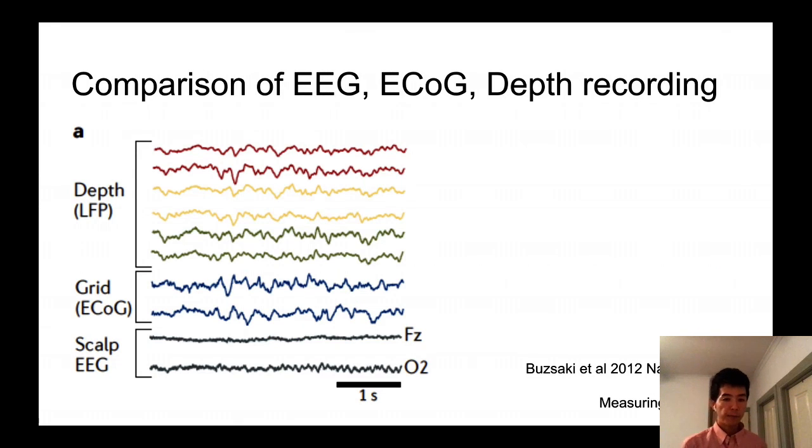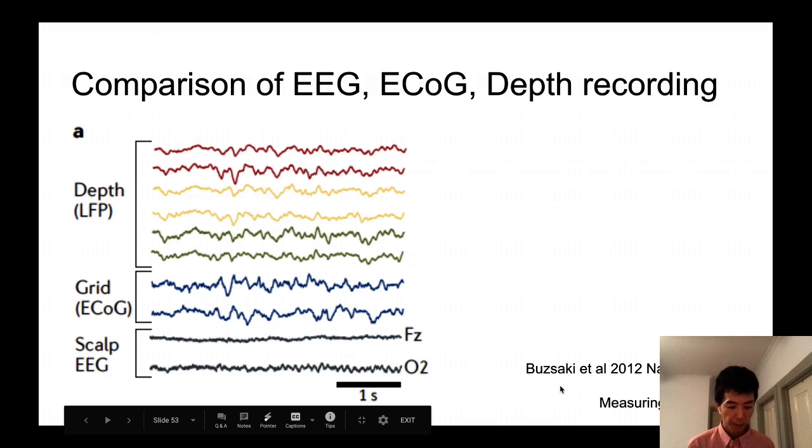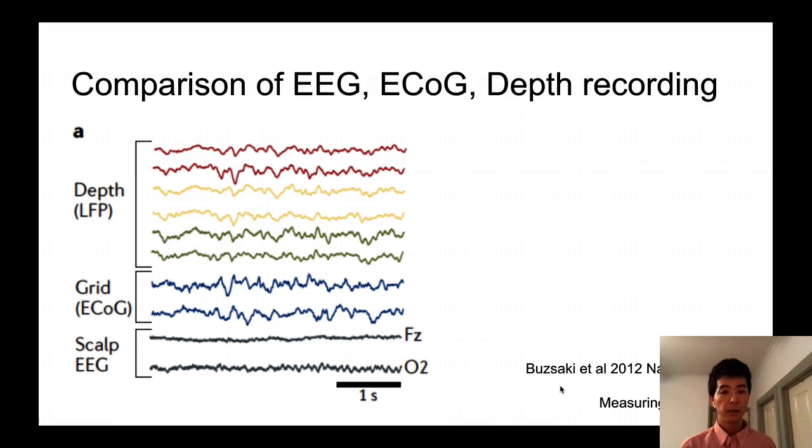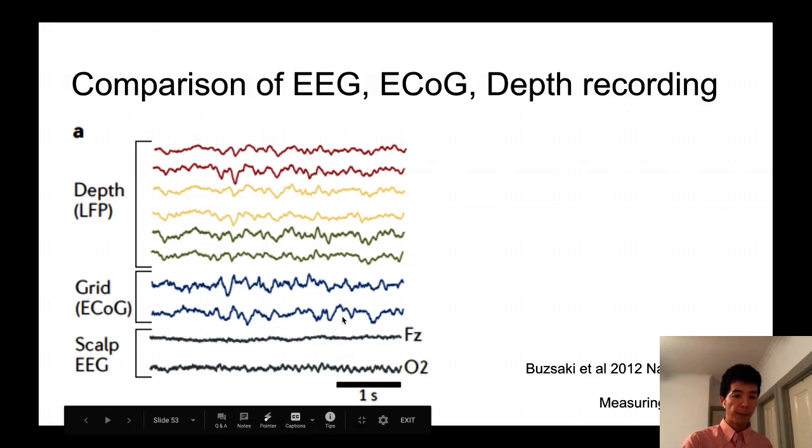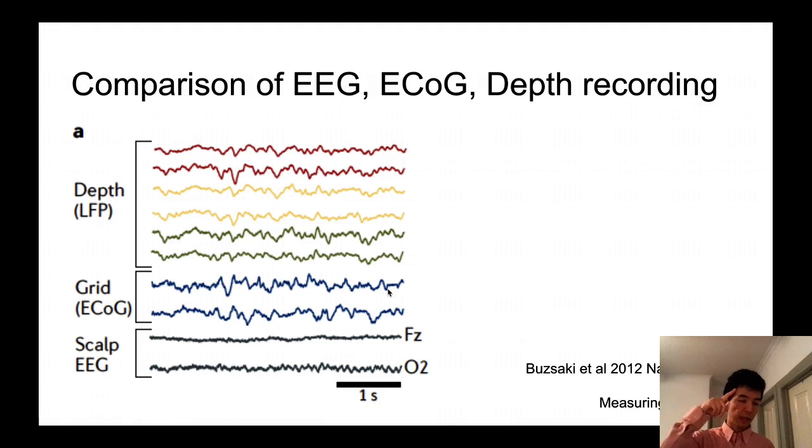And this is one schematic figure of an actual recording from people with epileptic seizures and also implantation of the electrodes. This particular figure is reported by Buzsaki, who is a very famous neuroscientist, where the patients were recorded with an ECoG electrode on the surface, as well as a depth electrode inside of the brain, as well as the scalp electrode on the surface.